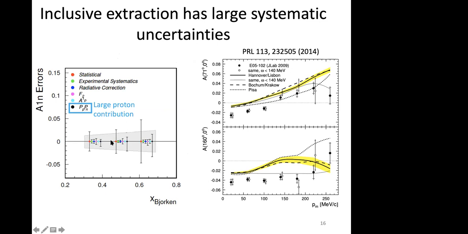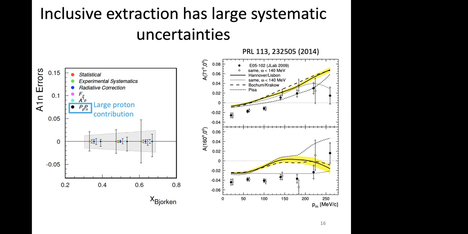You can see that the uncertainty coming from the effective polarization of the proton and neutron inside helium-3 is larger, especially at high x values. The contribution of our understanding of the effective polarization is dominant, and it can be at the same level as the statistical uncertainty.